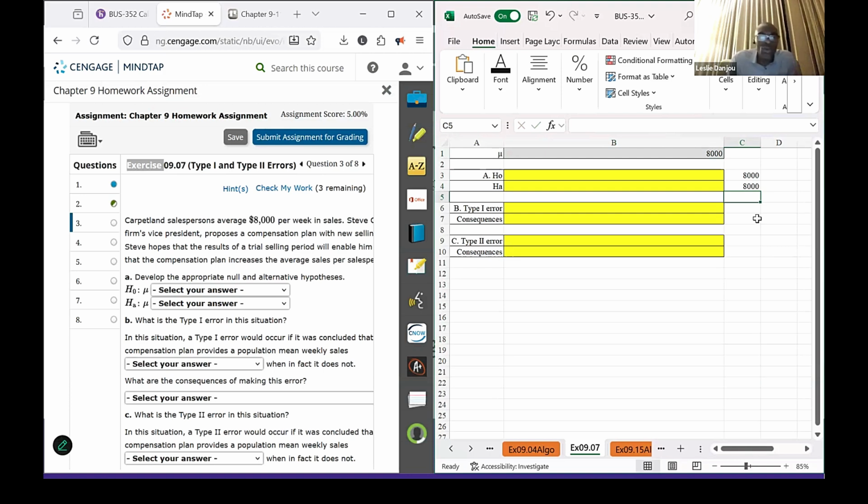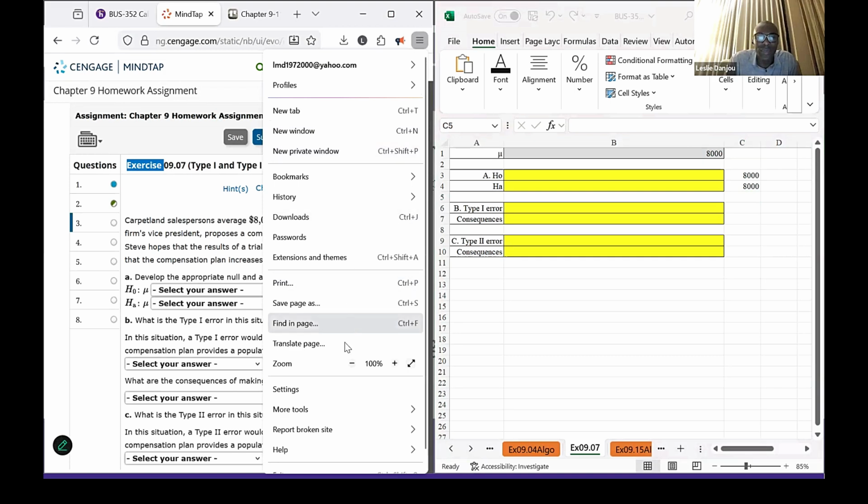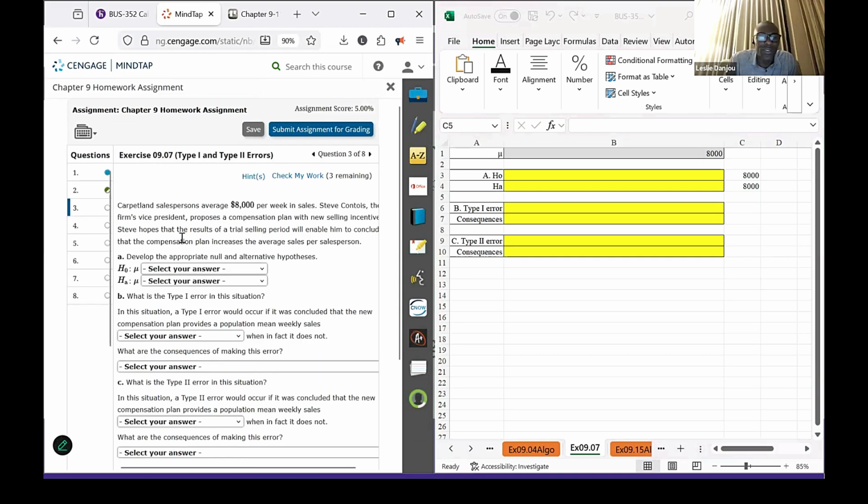So now in this statement right here, in this information that they provide, do you see anything that represents a left tail, a right tail, or a two-tailed test? We are looking for the claim. Average sales, give me a second. Sorry, on your end, it's probably going to be horrible to see, but let me look.